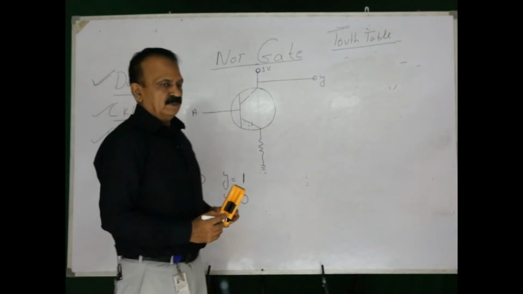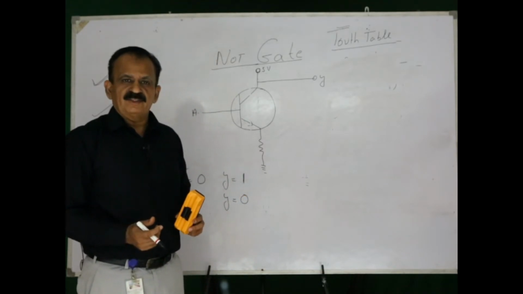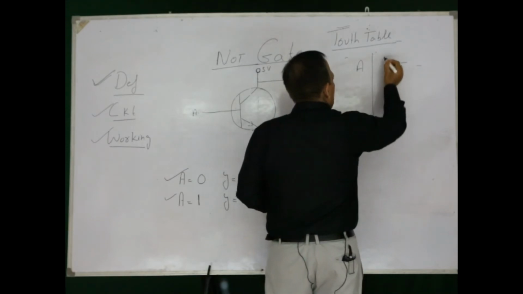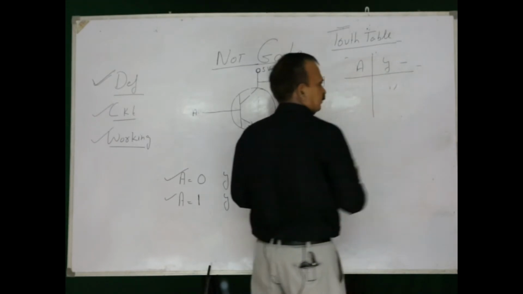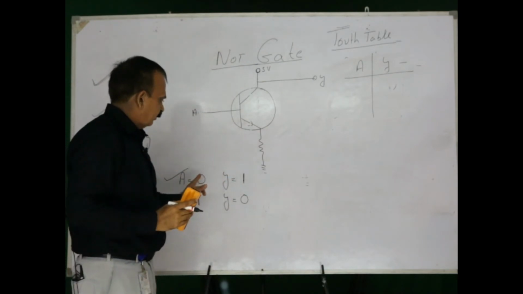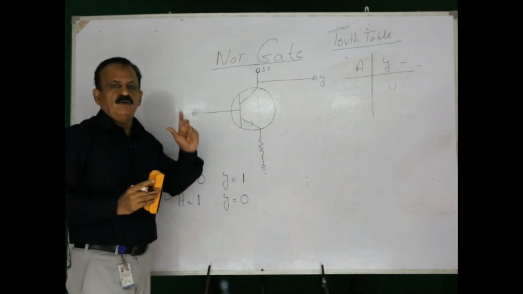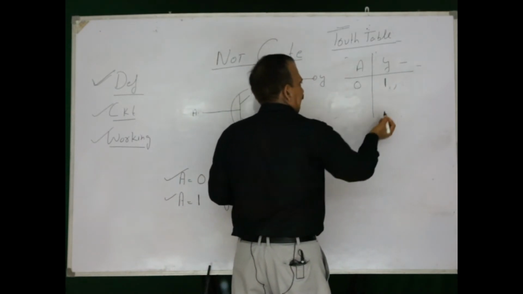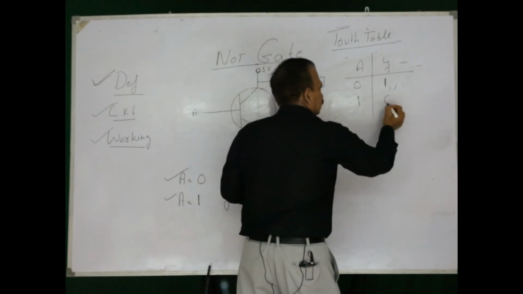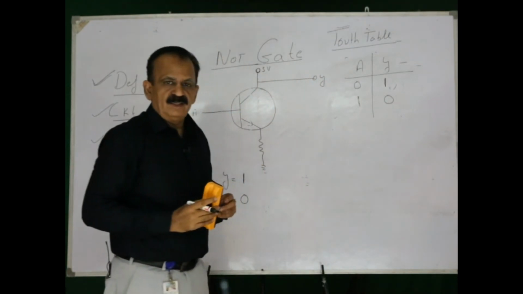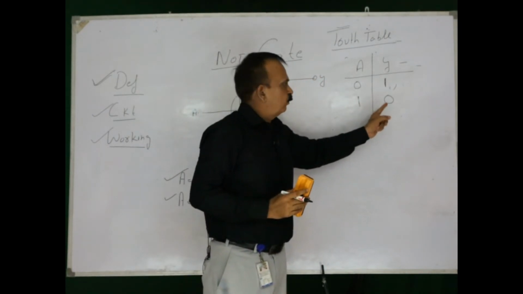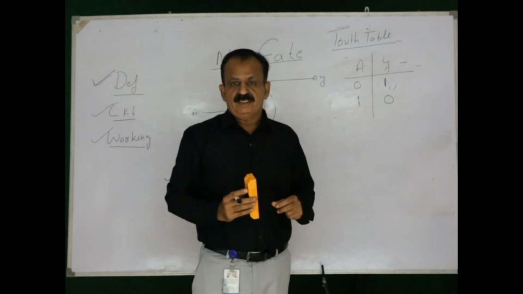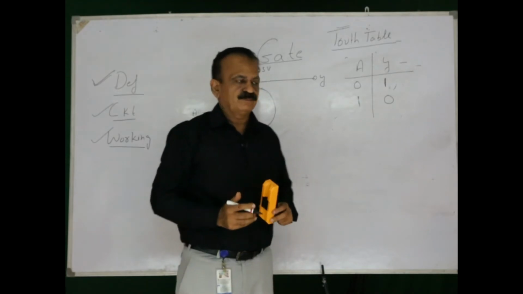Truth table. Again I am repeating the definition of truth table, that is a table showing all input output combinations. So there is only one input and there will be only one output. If A is equal to 0, Y is going to be 1, and if A is equal to 1, Y is going to be 0. So a circuit with one output and one input, and output will be complement of input.